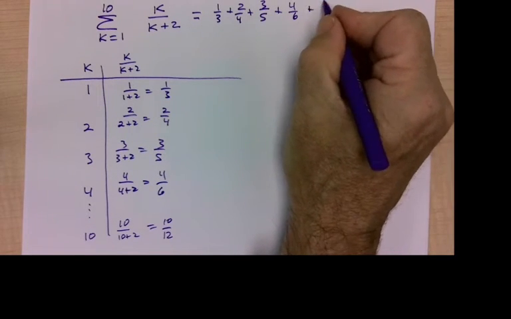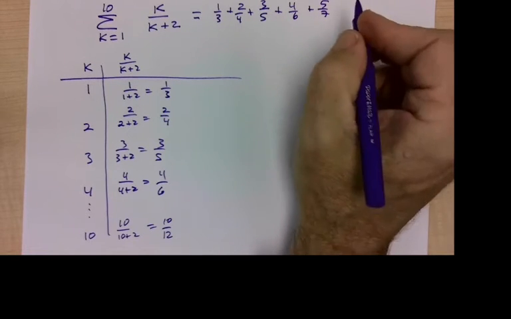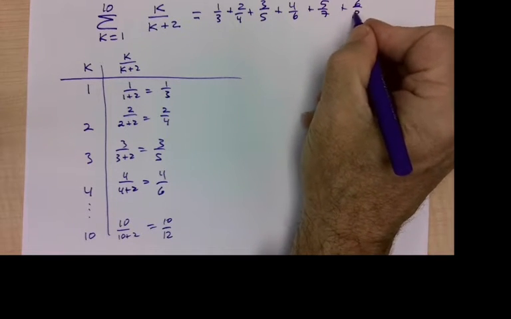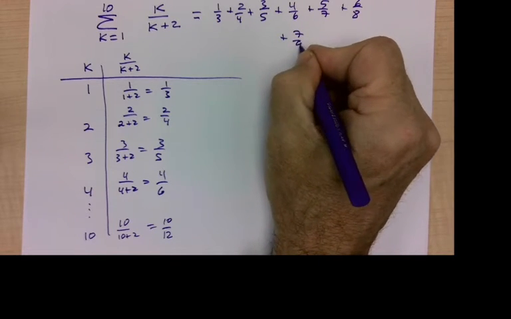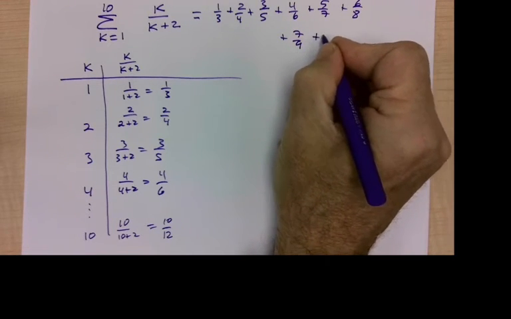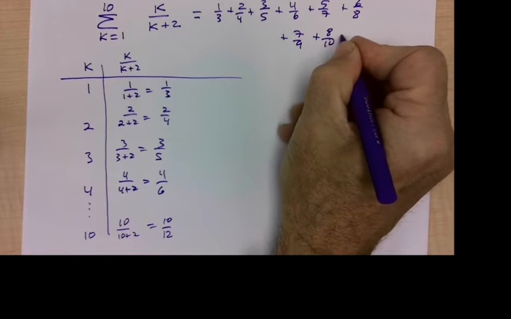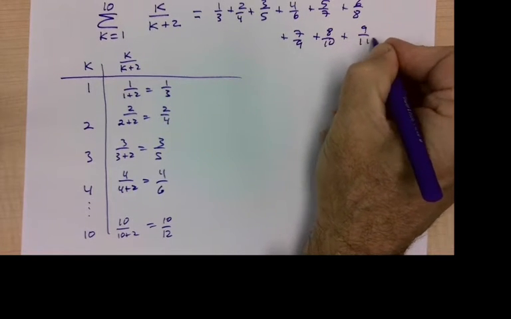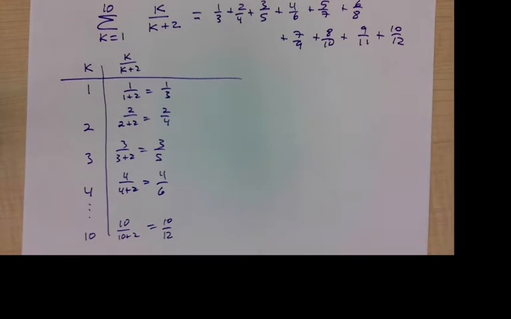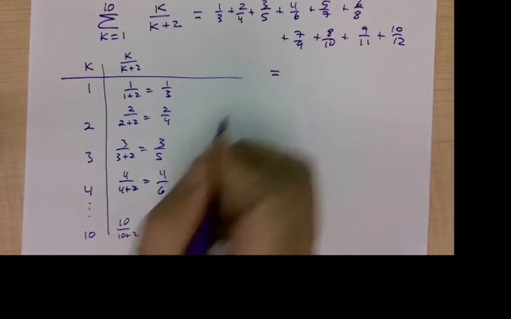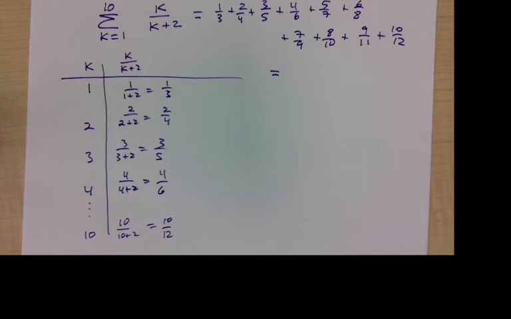Hopefully we can see the pattern. Plus 5/7 plus 6/8 plus 7/9 plus 8/10 plus 9/11 plus 10/12. Now we could add all those up and find out what that number is.